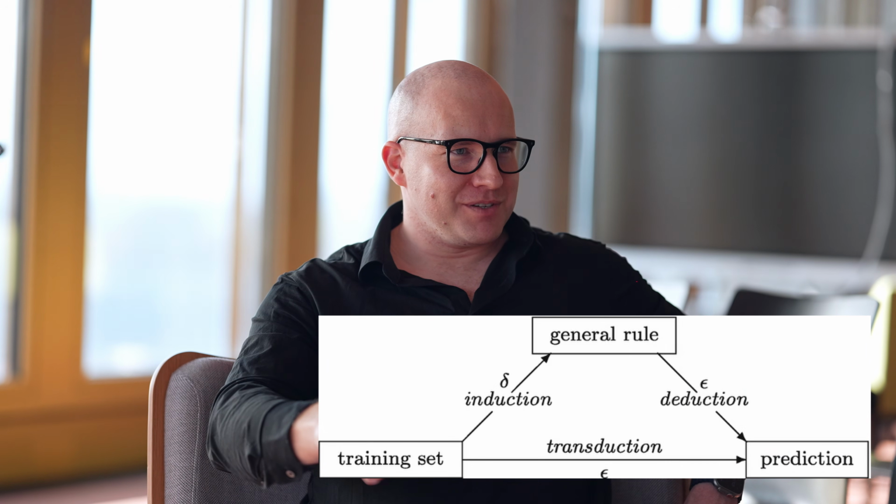There's always been this juxtaposition between inductive learning, which is when we learn a general decision function which could work for any new piece of data, and transductive learning, which is particular to particular. This is when we learn a statistical function for a given input.